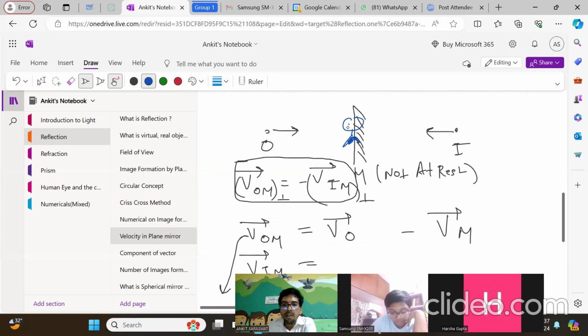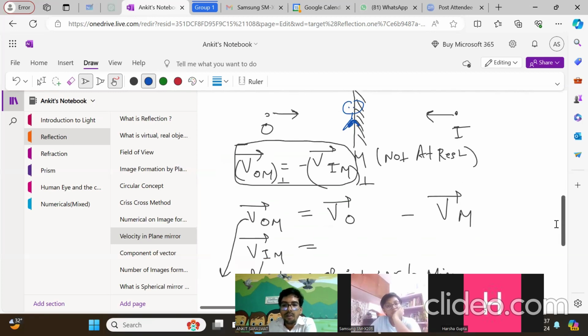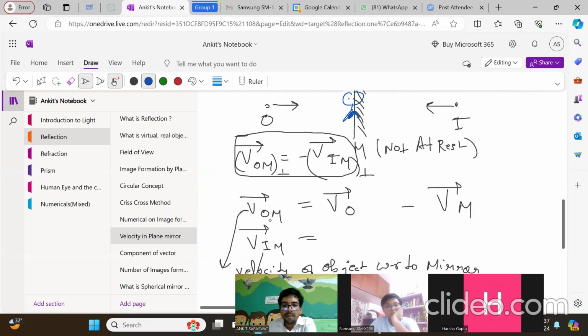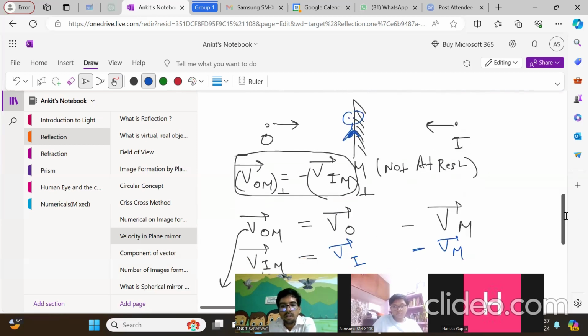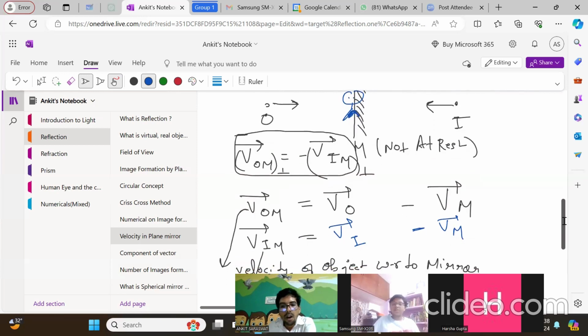And he is looking at the object and he is looking at the image. So according to this, what is the velocity? That is VOM. And how to open this? VO minus VM. Write first VO minus VM. Similarly here, VI minus VM. Clear? Yes, sir.